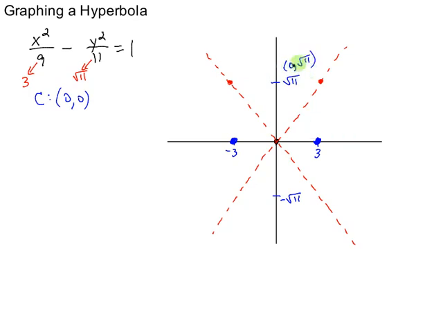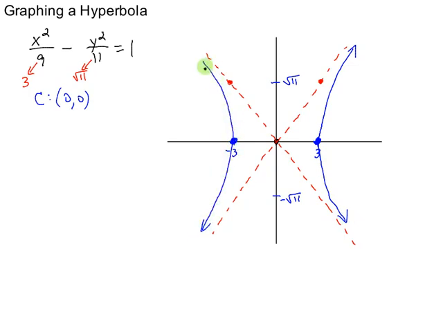This x and y value do not make this equation true, so you should verify that as well. Since it doesn't make the equation true, this cannot be a point on the graph. So the square roots of 11 are not actually on the graph. They were there just to help us graph the asymptotes. So the hyperbola is going to go through these vertices and approach our asymptotes, something like this, on each side.